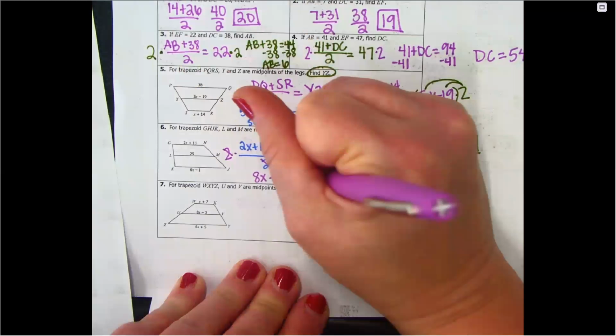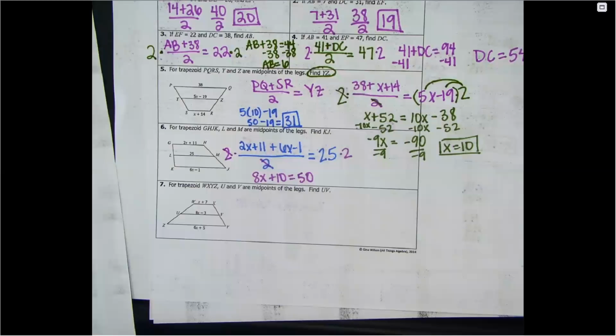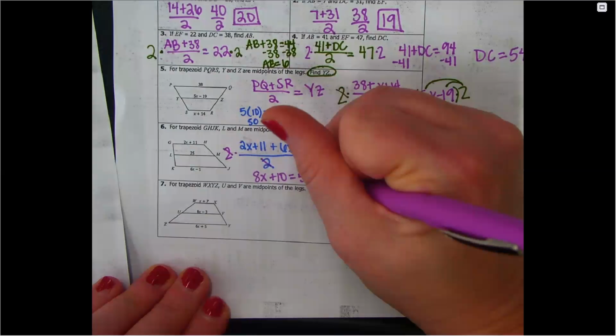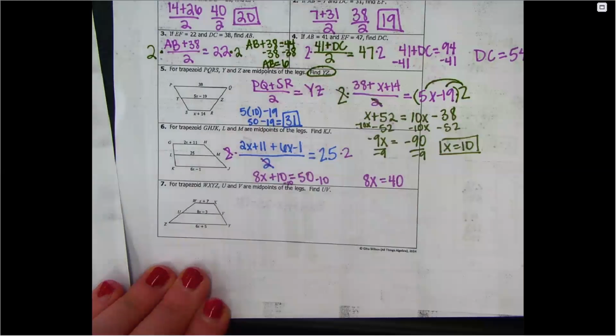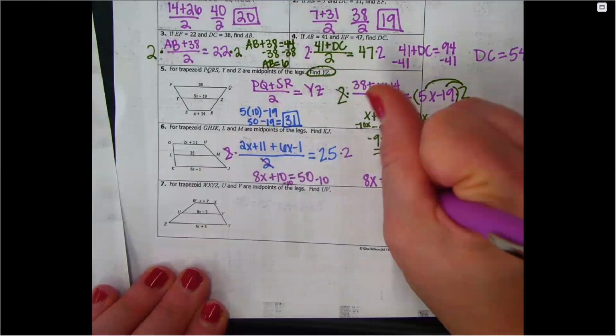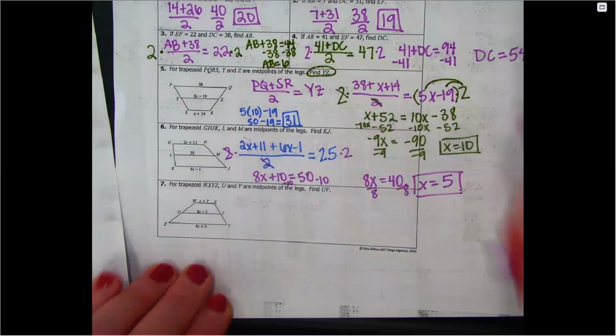Next step, subtract 10. So 8x equals 40. Then what? Divide by 8. So what does x equal? X equals 5. Is that our answer? No. We need KJ. How are we going to find KJ?